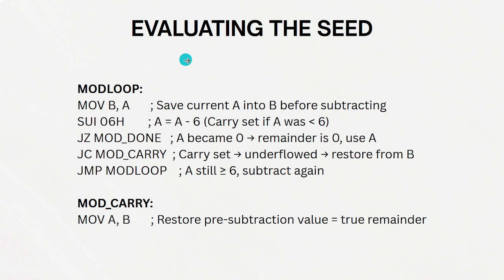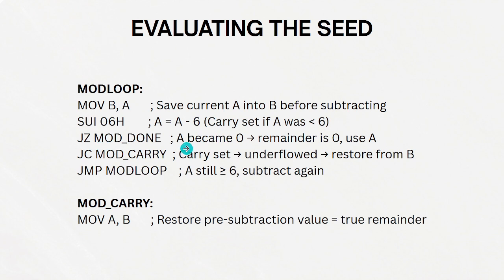Now, because the microprocessor doesn't have any division operation, we'll simply keep on subtracting 6 as for division. So we'll keep on subtracting 6 until it becomes lesser than 6. So this will replicate the modulus operation.